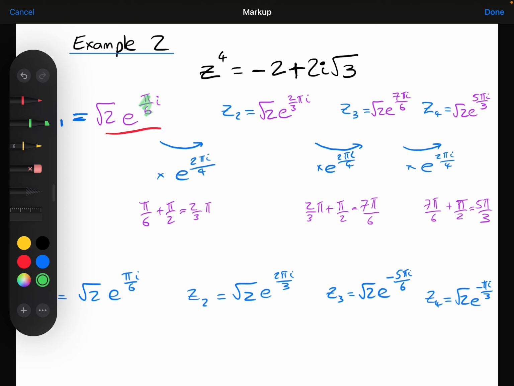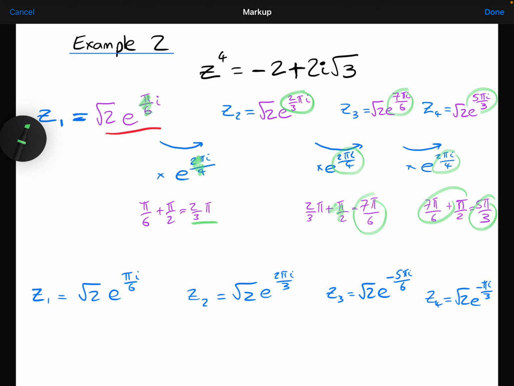So the pi over 6 plus pi over 2 gives me the 2 pi over 3. Multiplying again to get the third solution, again means just adding the arguments. So I get 7 pi over 6. And then multiplying one more time for the fourth solution. So again, add the arguments together, and we get 5 pi over 3.